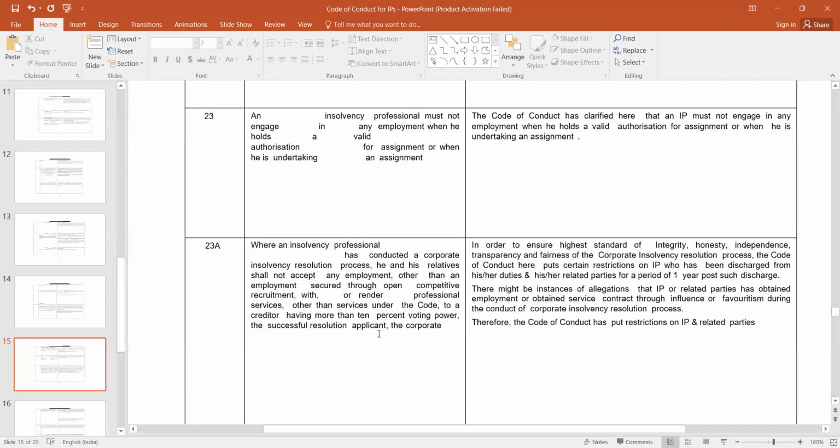So you might have given them some direct or indirect benefit, and now they are obliging you. So that should not be the case. So neither you nor your relative should accept any employment. If it is through open competitive recruitment, then it's okay. And then you should not render professional services to a creditor.